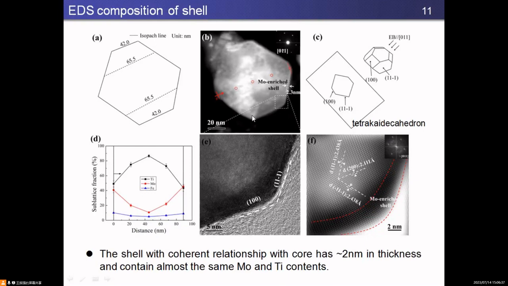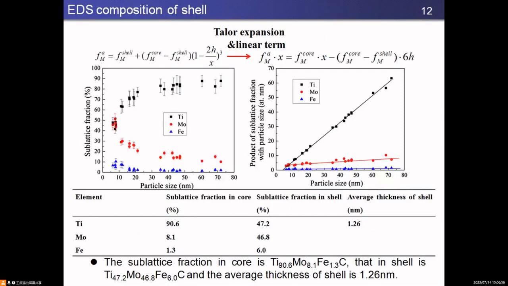The precipitate shell is indeed enriched with Mo. It is about 2 nanometers thick and contains almost the same amount of Mo and titanium. We further analyzed the average composition.